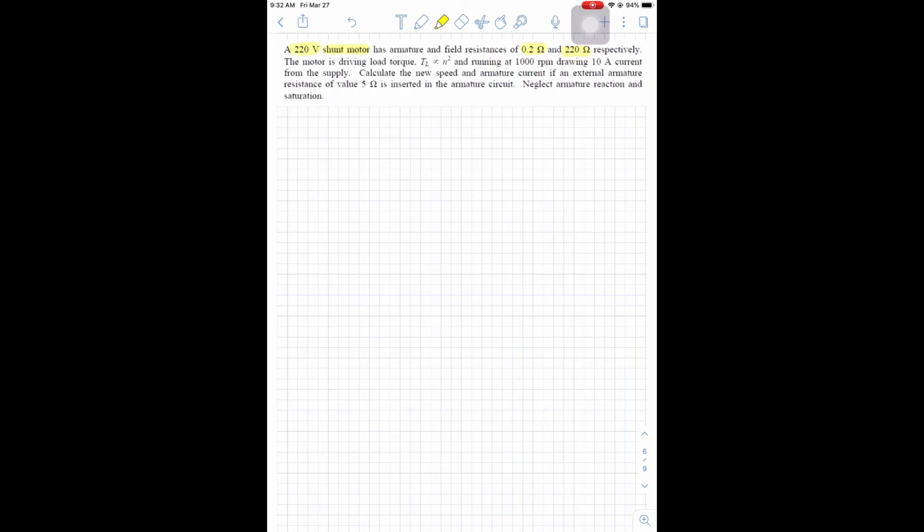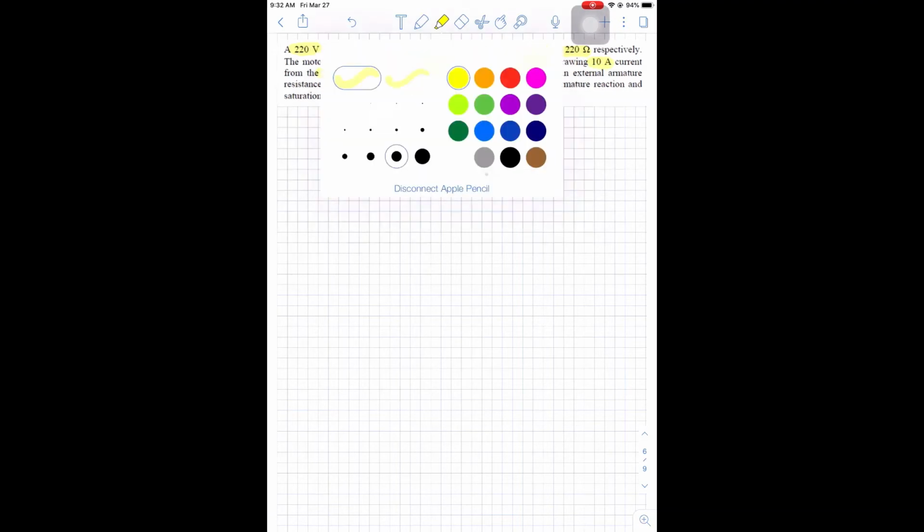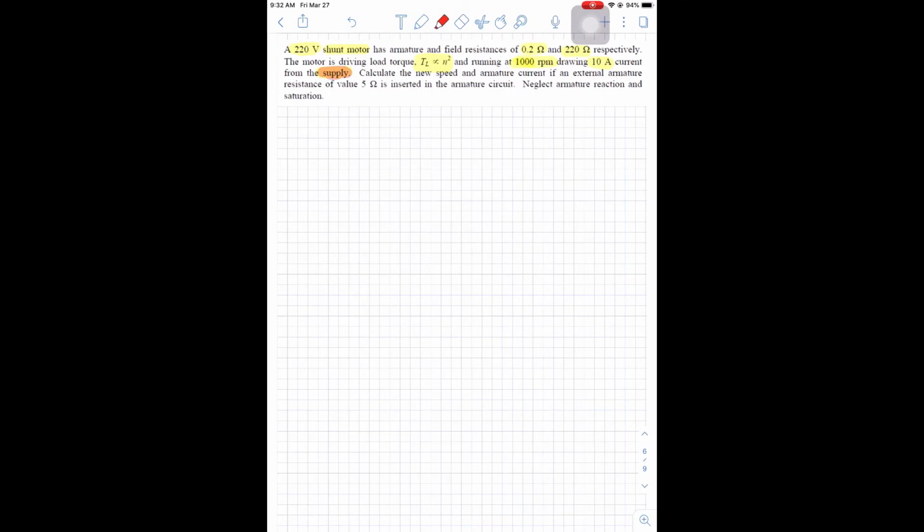The motor is driving a fan load, so the torque is proportional to N squared. The machine is running at 1000 RPM and takes 10 ampere from the supply. We need to highlight that this current is from the supply, not the armature. Now we need to calculate the new speed and the new armature current if an external armature resistance of 5 ohms is inserted into the armature circuit.